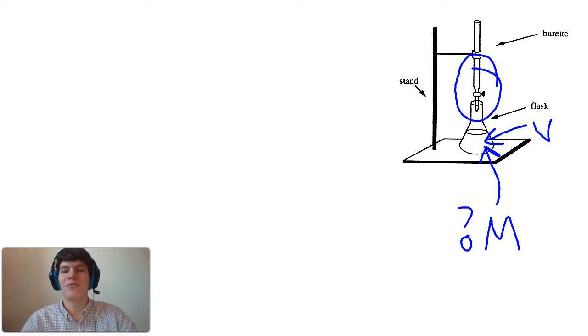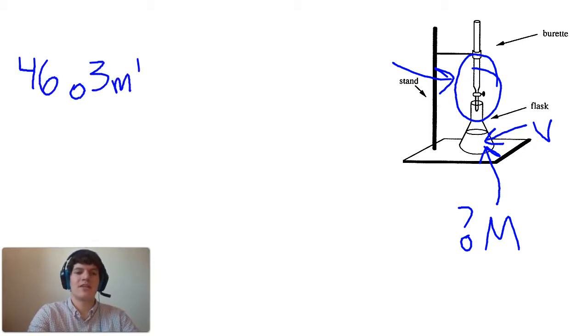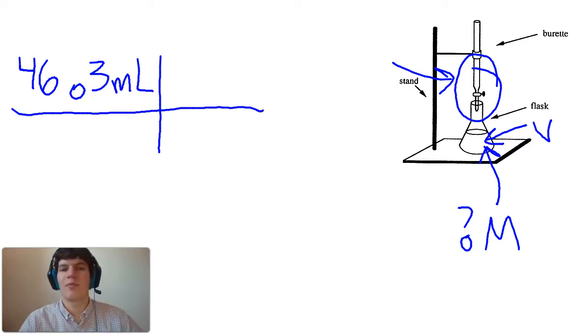And because we have more information about the solution in the burette, we always start doing our calculations using the information about the solution in the burette. We're told that there are 46.3 milliliters of NaOH in that burette, and that the molarity of that solution is 0.287.